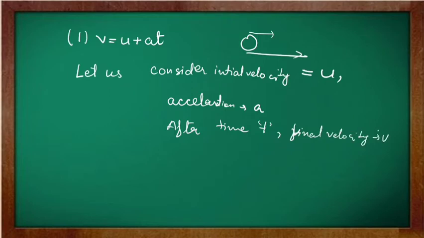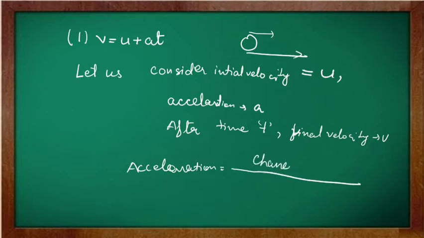So now whatever we know about the definition of acceleration, from there we know that acceleration is equal to change in velocity by time. So now whatever values we have, we are going to replace them. We had here acceleration, so the acceleration was a. Now change in the velocity.